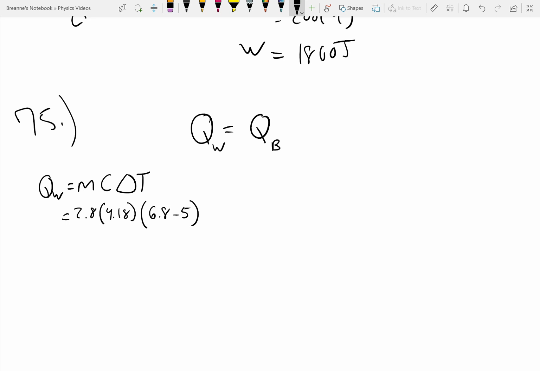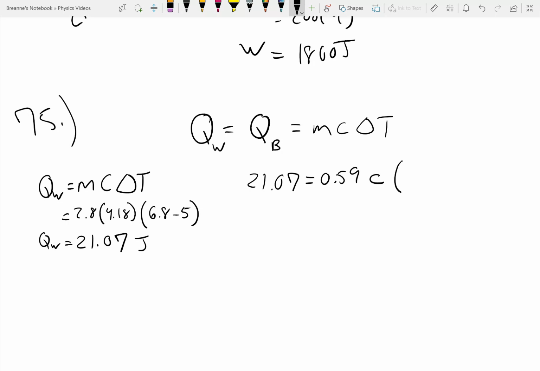Plug that into your calculator, and you're going to have that. Now you can use that to solve for the specific heat of your brass. So you have 21.07 equals the mass of your brass times the specific heat you're looking for, times your final minus your initial.